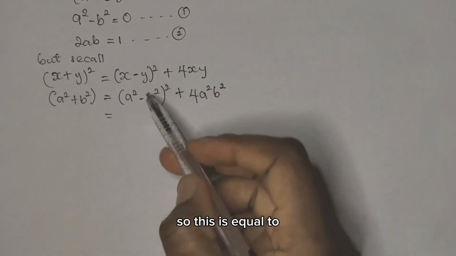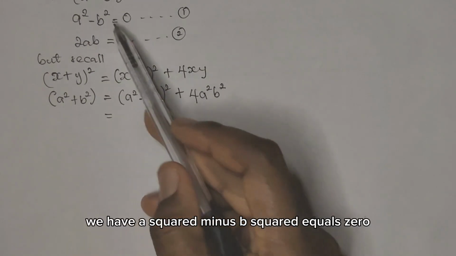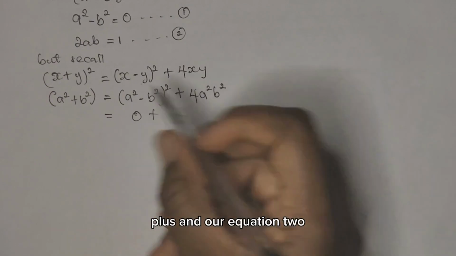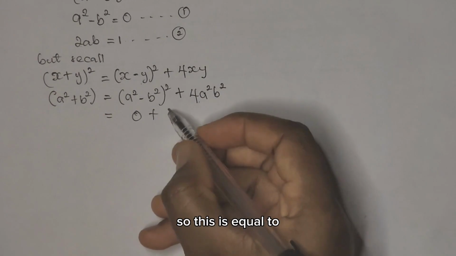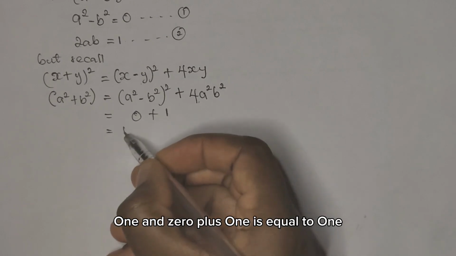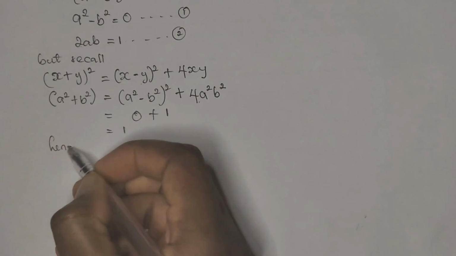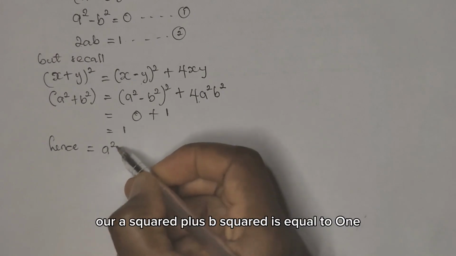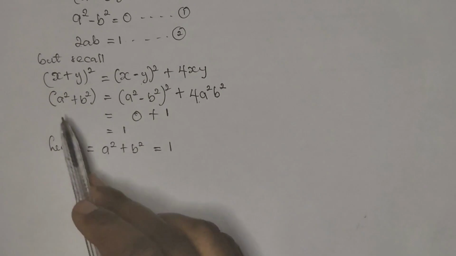From equation 1, a squared minus b squared is equal to 0, and from equation 2, 2ab is equal to 1. So 0 plus 1 is equal to 1. That means our a squared plus b squared is equal to 1.